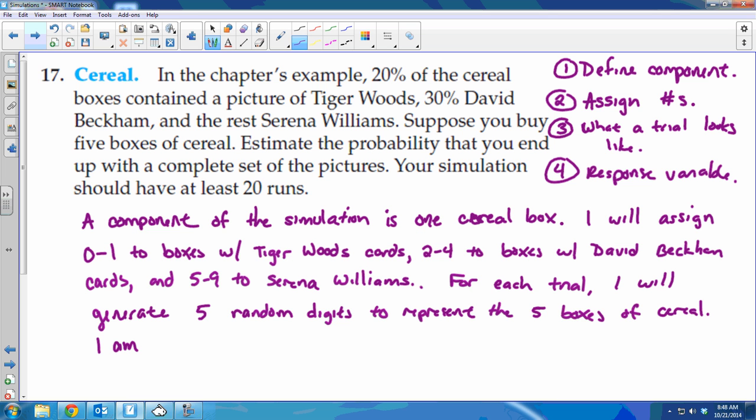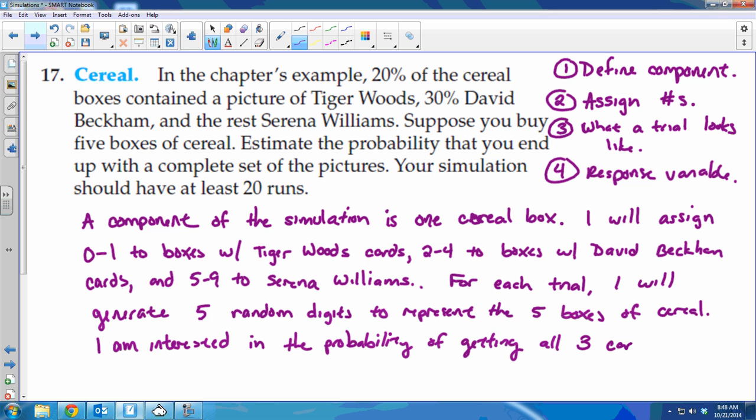So I am interested in the probability of getting all 3 cards in the 5 boxes.